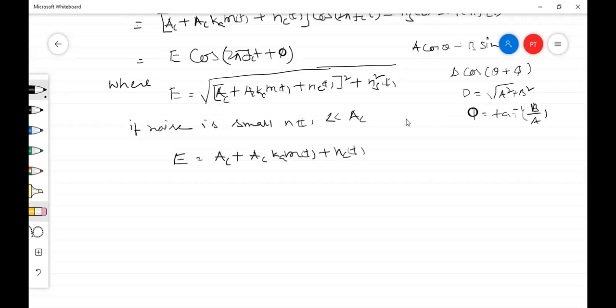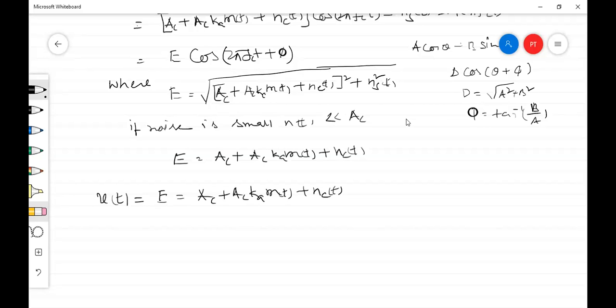So this is the term we get as E. This is the envelope of the input signal to the envelope detector. So what about the output of the envelope detector? The output of the envelope detector is only the envelope of the input, so it is equal to E, that is AC plus AC into KA into M of t plus NC of t.